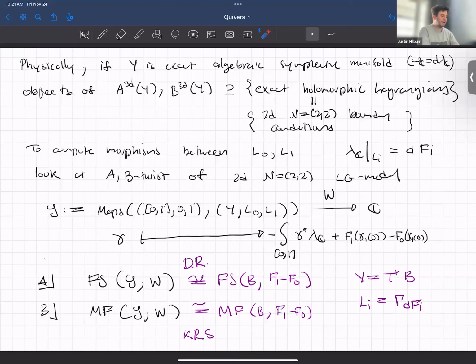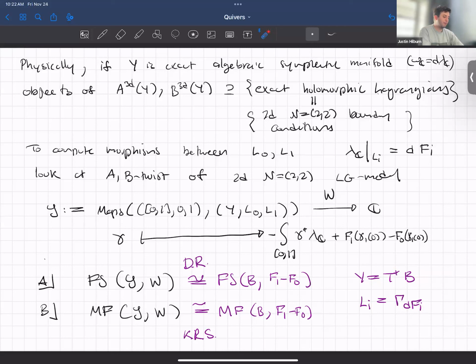And the nice thing about this subalgebra is that we can rewrite our 3D N=4 theory as a 2D theory into a path space, and in order to compute the boundary conditions, the A and B twists of this 2D theory are going to match the A and B twists of the 3D theory.